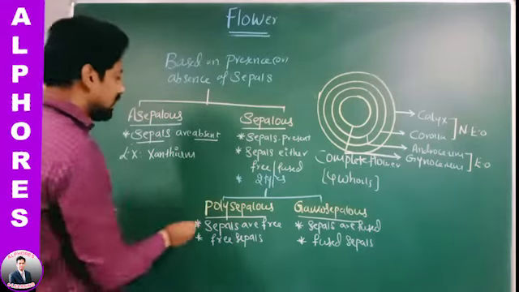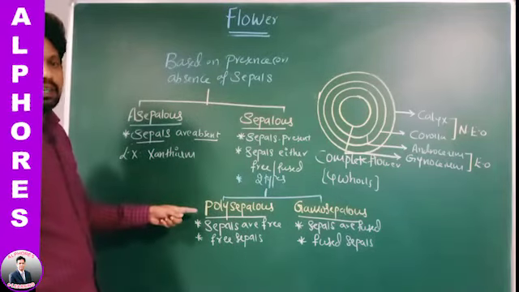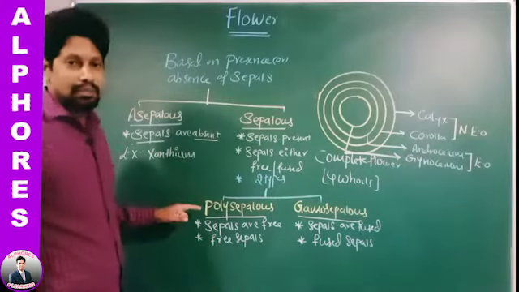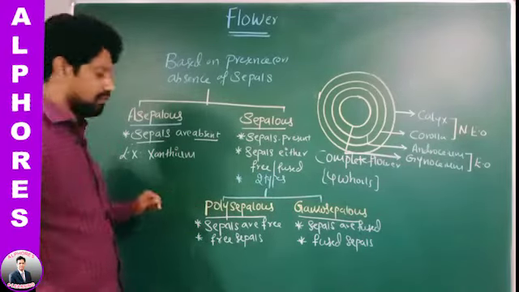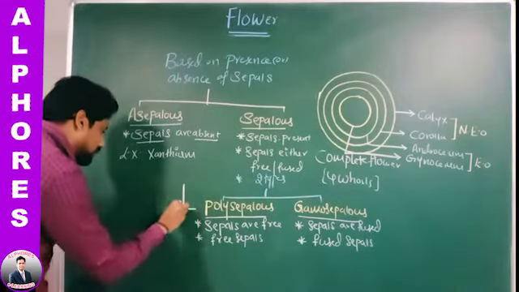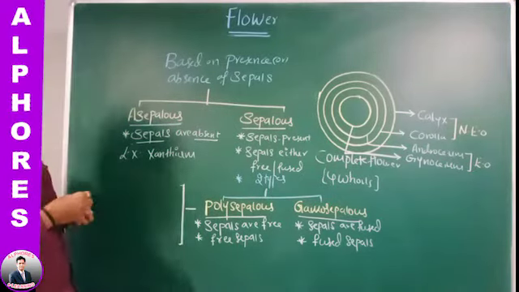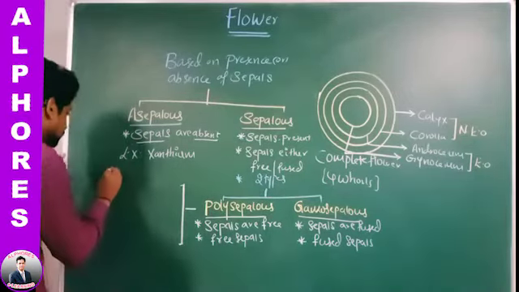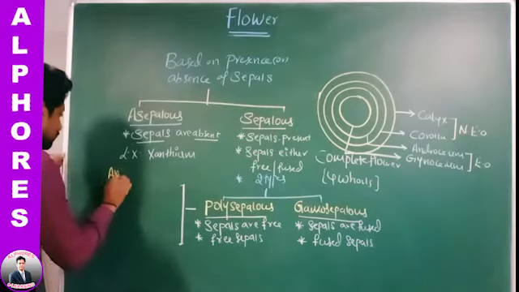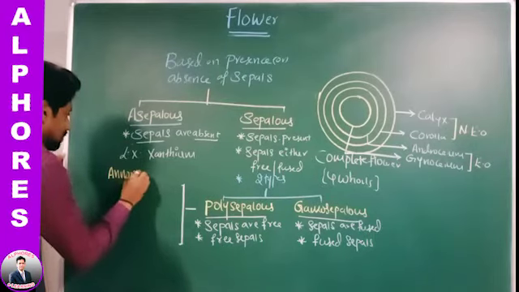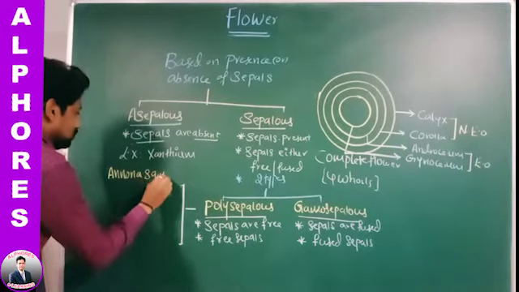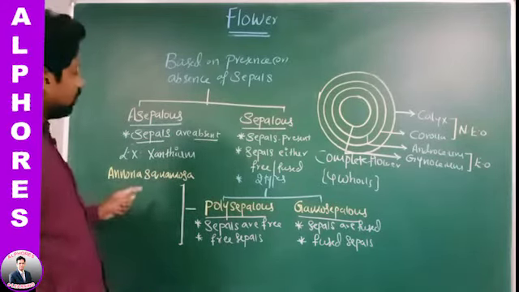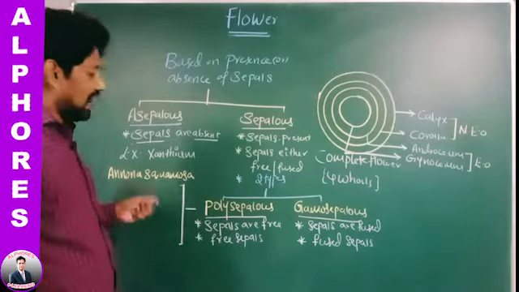Now go for examples of polysepalous condition. I am writing the first example, Annona squamosa.